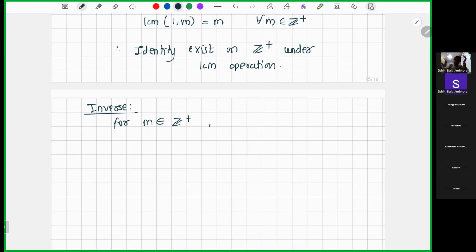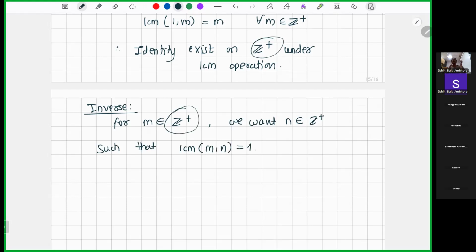So please understand the underlying set which we are talking about when we are looking for identity and inverse and everything. Okay, so for m in Z plus, we want n in Z plus such that LCM of m comma n is 1.